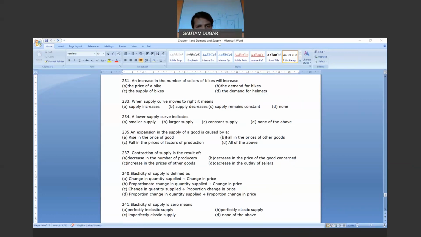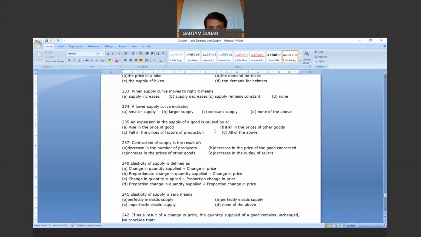Lower supply curve indicates larger supply. It's not a lower supply curve. It's not low, lower is on the right side.